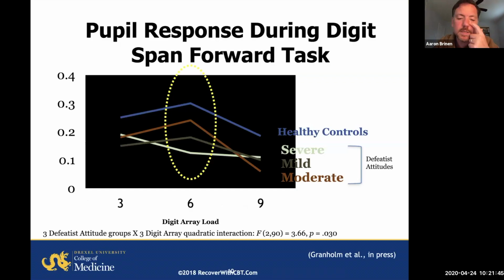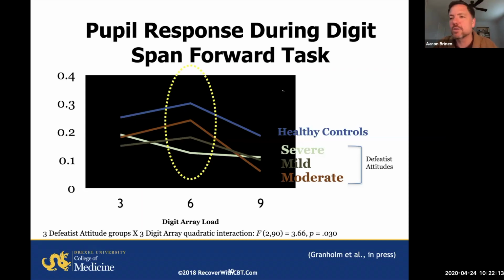But there's a psychologist out of San Diego, a guy named Eric Granholm, and he did this really interesting study where he used a pupillary response. Your pupils dilate when you exert effort. So he measured how much the pupils dilated.